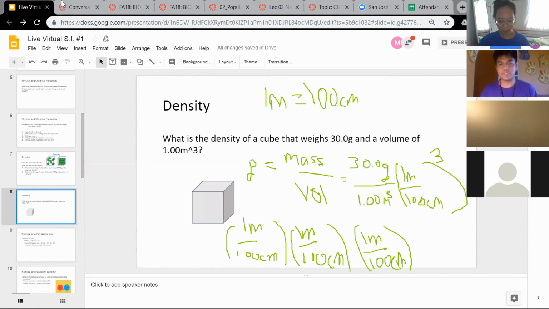After you do all the calculations, your density will equal, what was it? Oh, the awkward moment. I don't have a calculator. There we go.